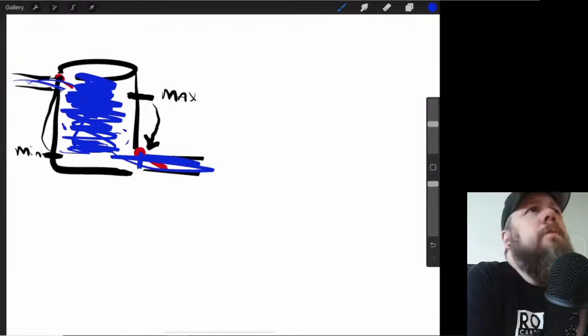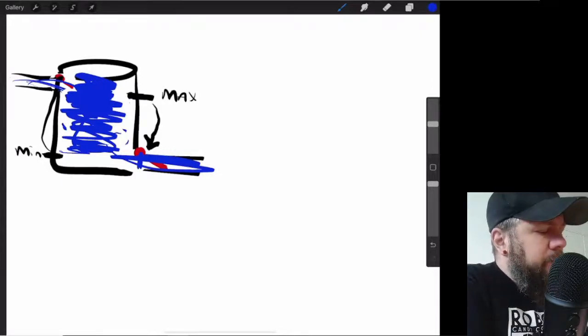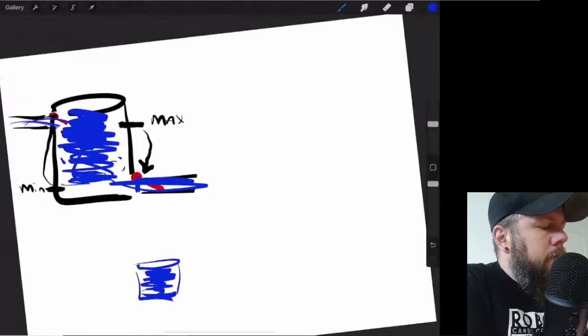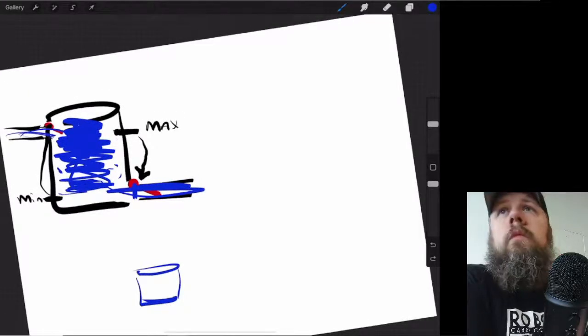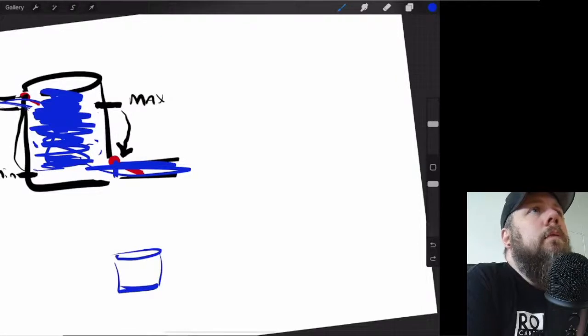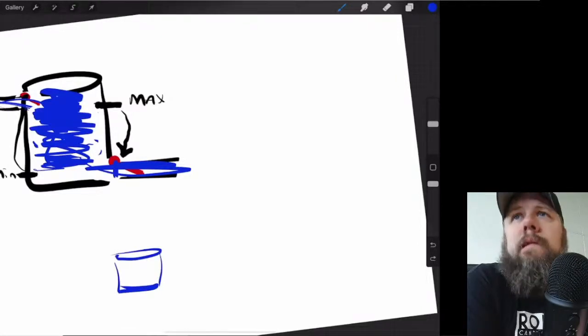So as you put in smaller capacitors, it's just like having a smaller little tank. It fills up quicker and it empties quicker. So then it got faster and then got even faster.